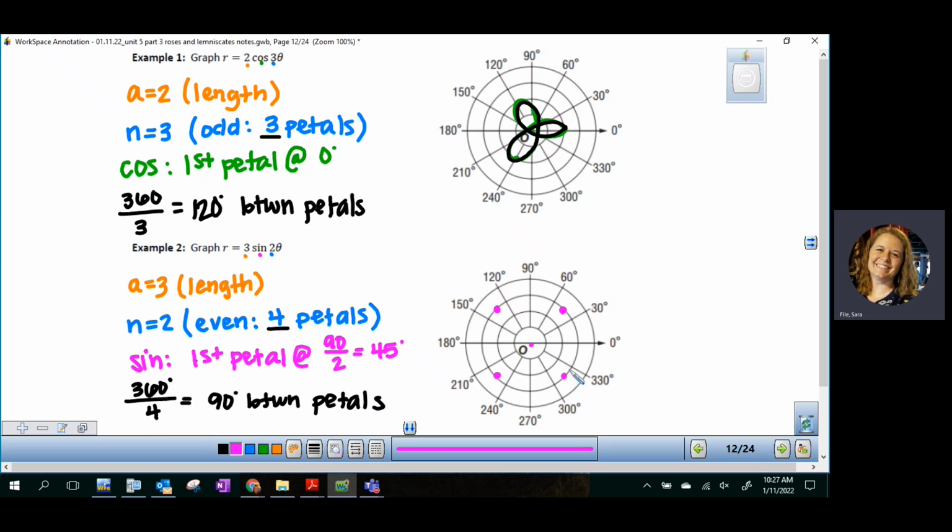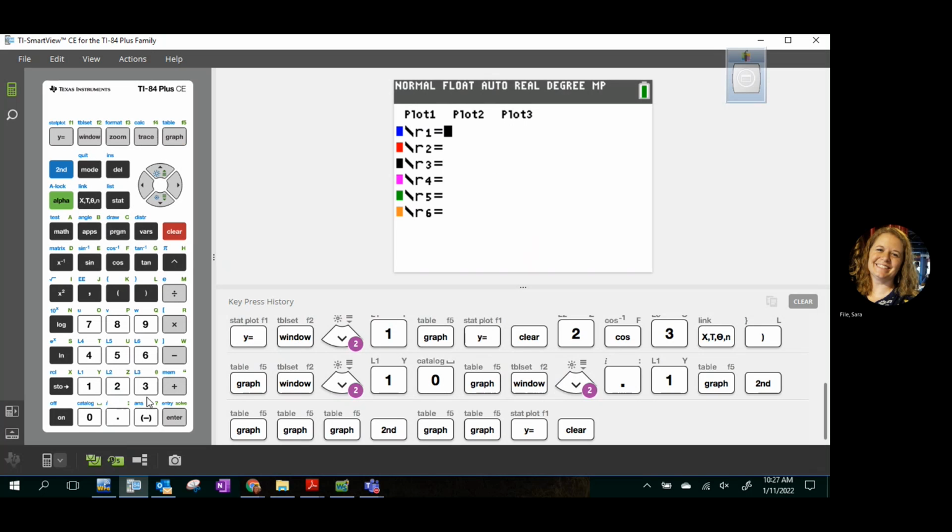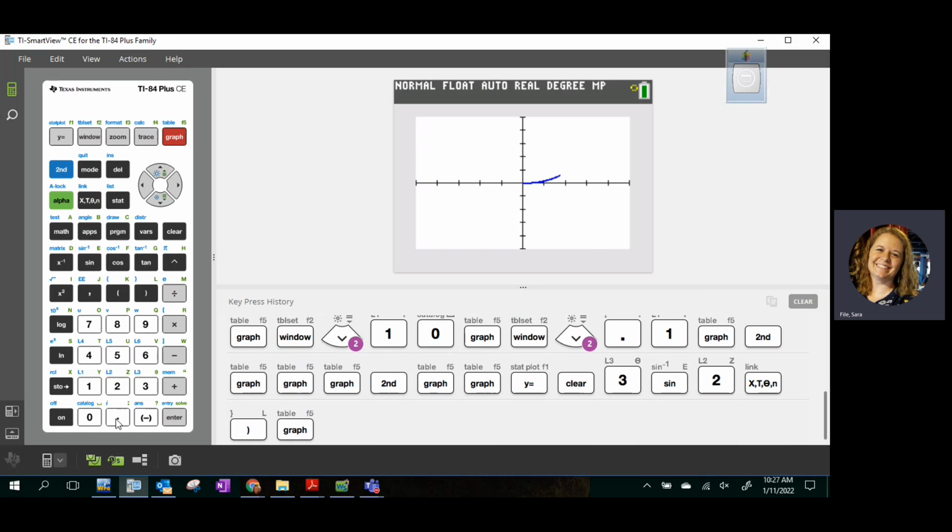Okay, so again, you can look at this in the calculator to see the path that it's drawn. So what is that? 3 sine 2 theta. Okay, so you can see it starts at the pole and goes out into quadrant 1, loops down into quadrant 4, comes back to the pole and goes to quadrant 3 because it just keeps on swirling around nice and smooth.